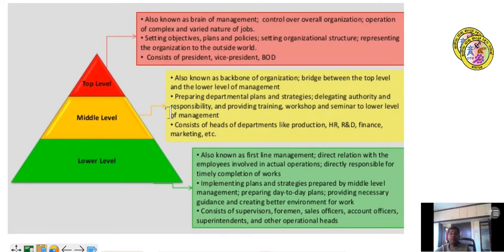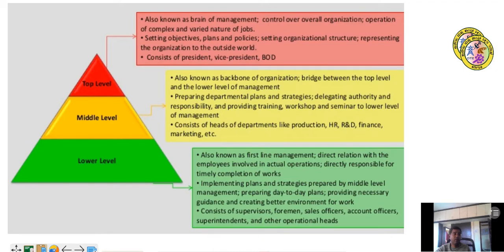So top level management, what are they going to do? They are the brain of management, with control over the whole organization. Their main aim is to frame the policies, to frame the laws for achieving the objectives. Imagine the Annabhagya Yojana is launched by the government.